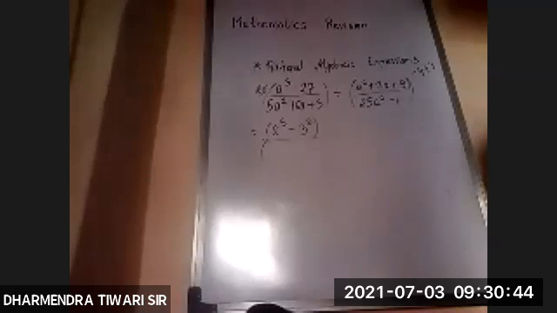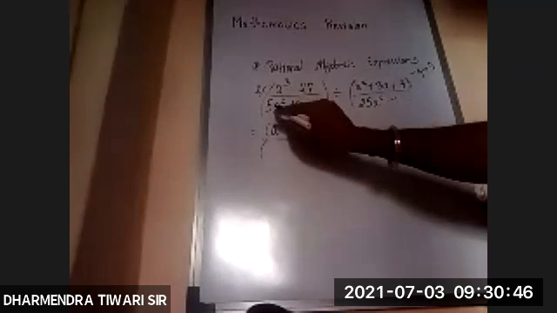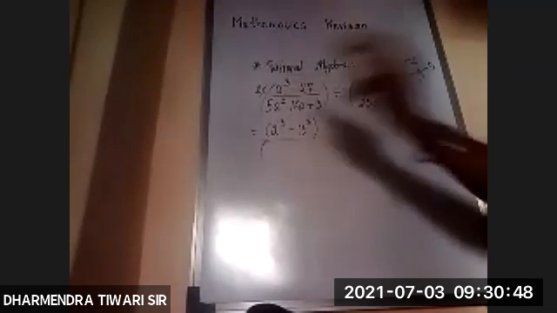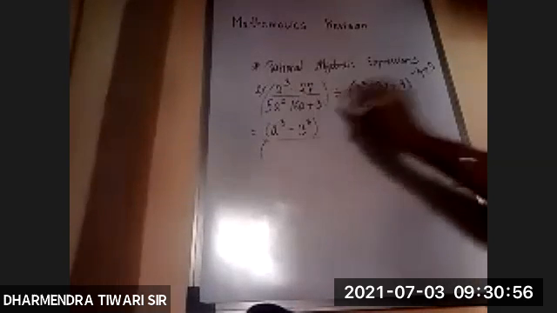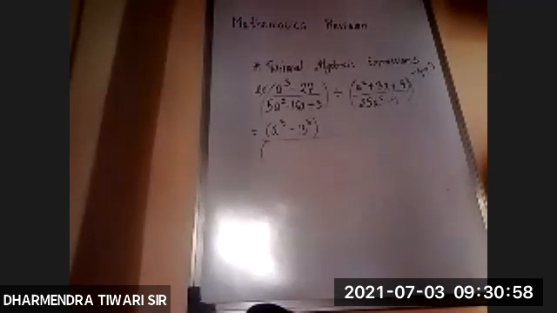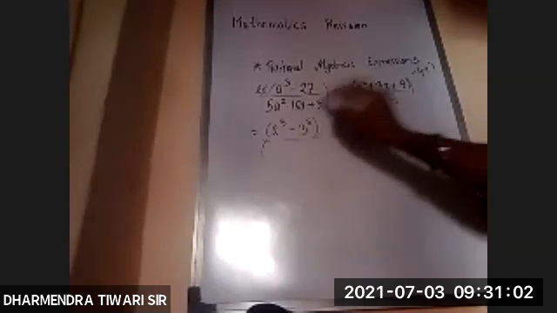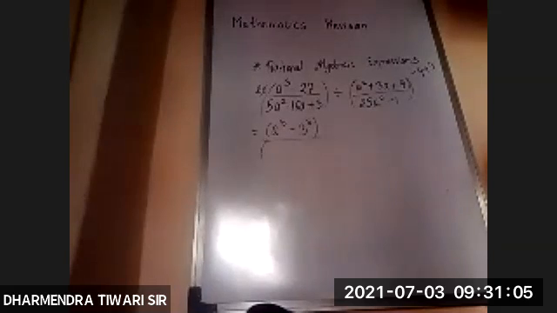Now, we are having 5 as the coefficient of a square, means a quadratic in which 1 is not there. So we have to do 5 threes are 15.